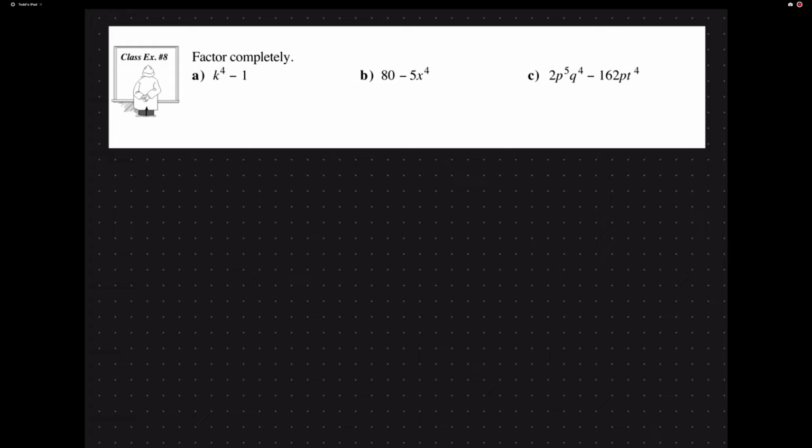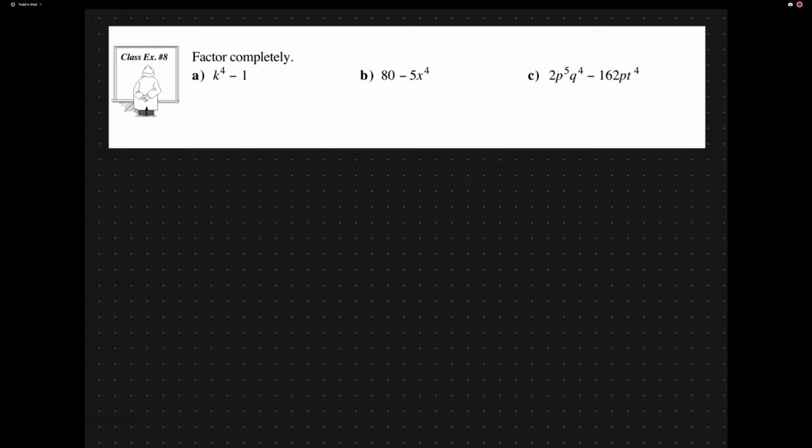So factor it completely. So I'm down to a binomial here in the first two examples, actually, and in the third example. And when looking at the first one, I can't really pull out something common other than 1. So what I want to do is check to see if it's a perfect square.